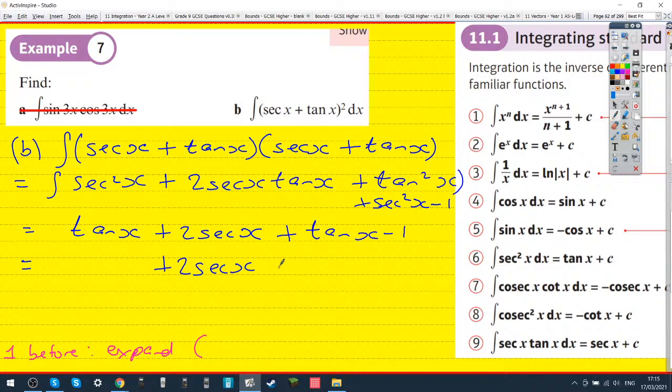Oh, 2 tan x or tan 2x? I will 2 tan x you in a minute. 2 tan x plus 2 sec x minus 1. That's it. If you can't integrate it as it's written, change it into something that you can integrate and then integrate it. That's the big picture.